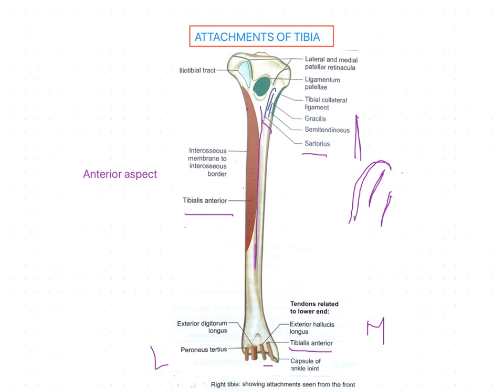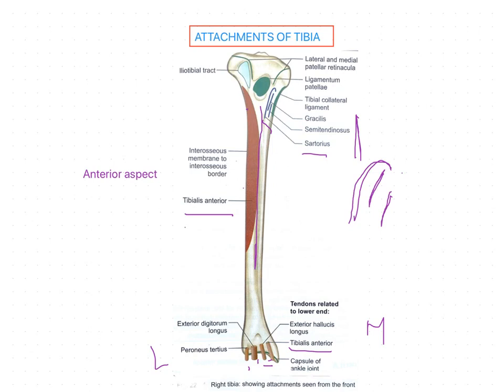Hallucis means it is going to the great toe, so that is present on the medial aspect. Then comes the extensor digitorum longus. That means it gives way to the extensor digitorum longus tendon, not origin, sorry. The next tendon is the peroneus tertius tendon.